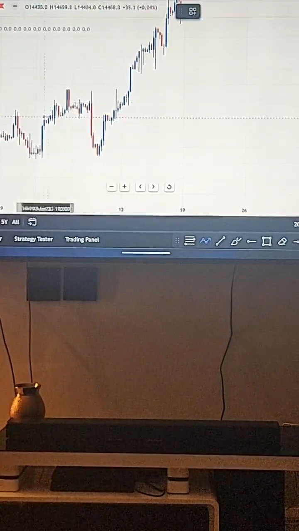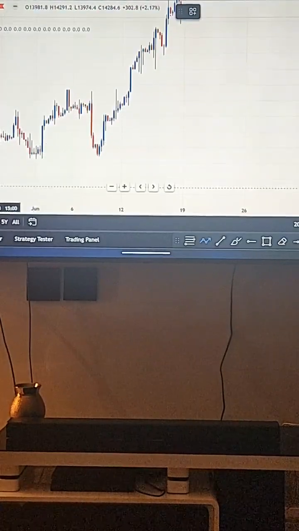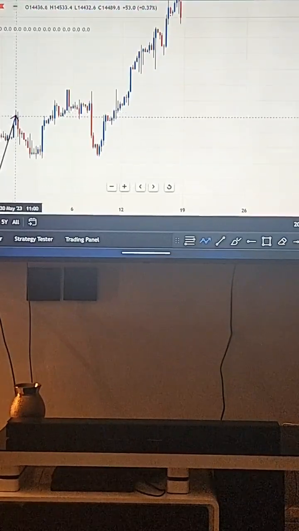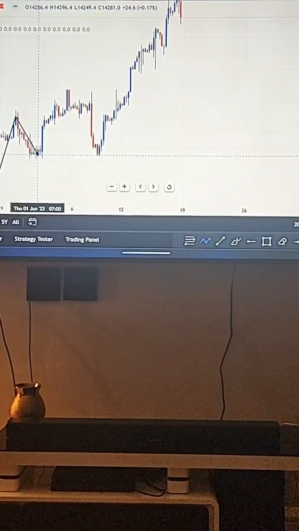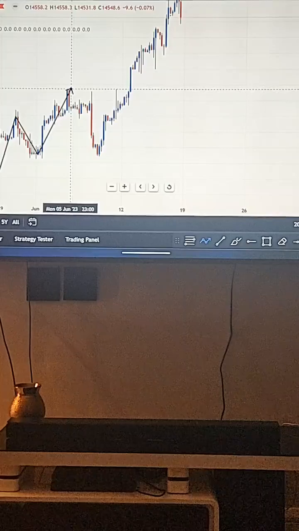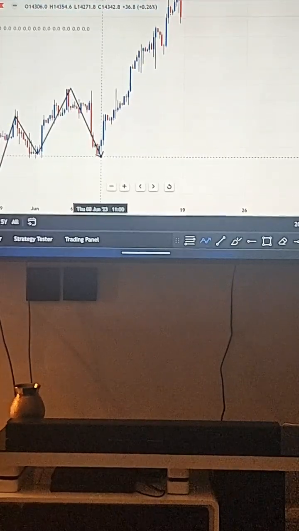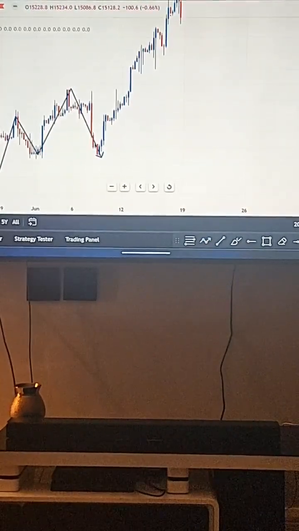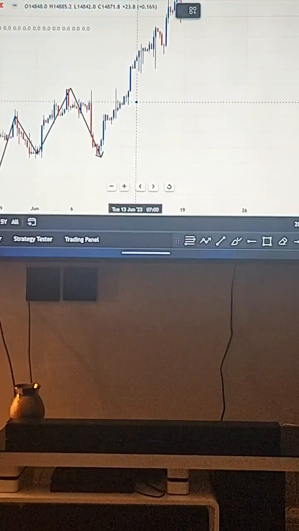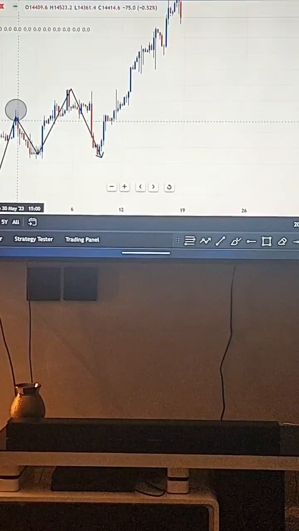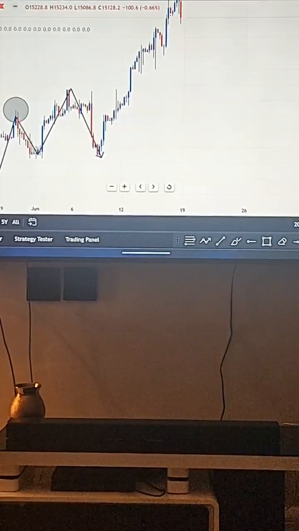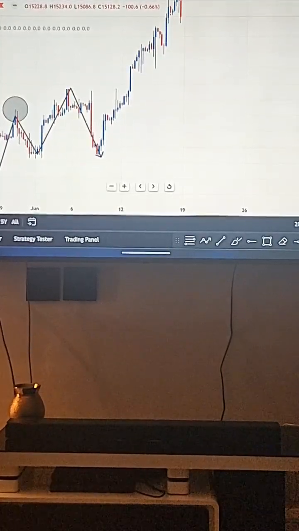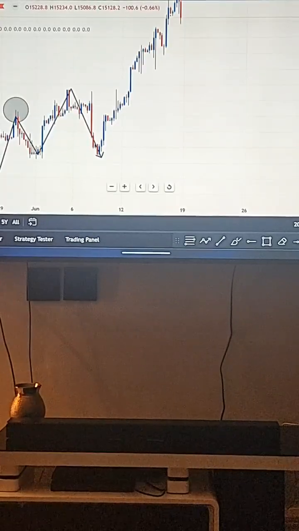So we would all say price went up, created this high, and then price came down, created this low, price then went up, and then price went down, right? But you see, here they purged liquidity, right? So they were done going higher, but they were not done purging.